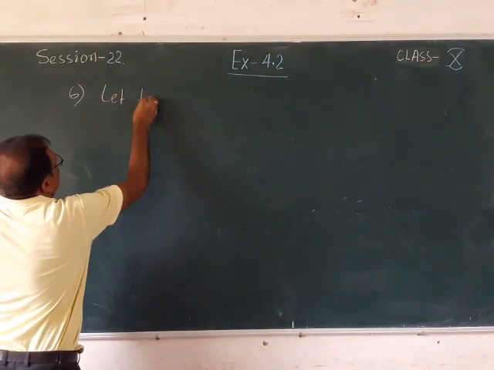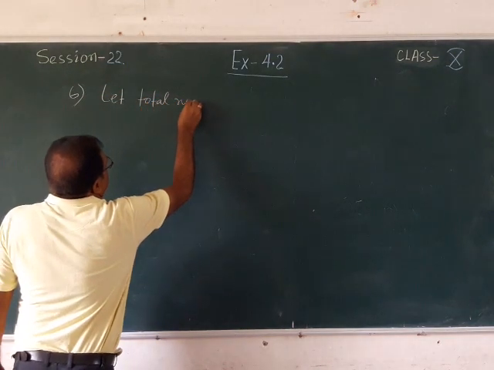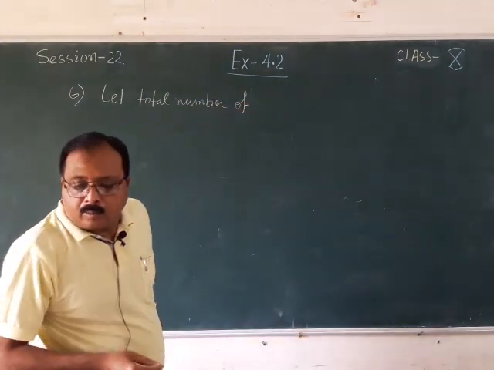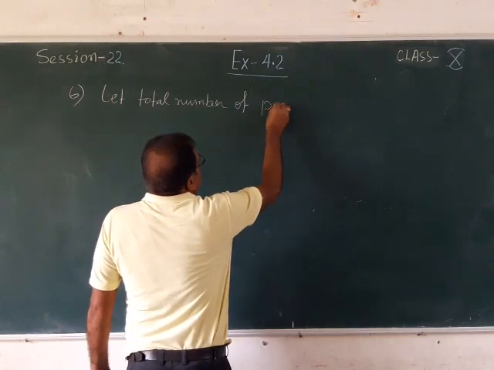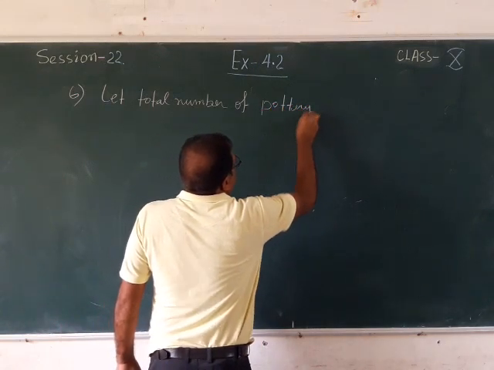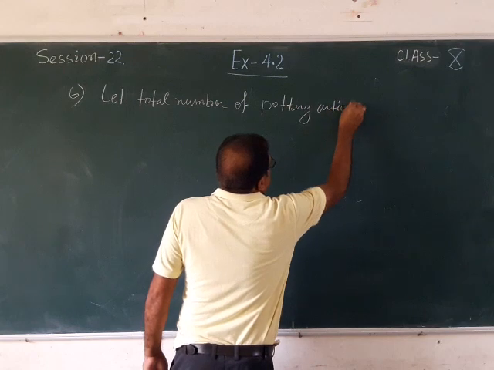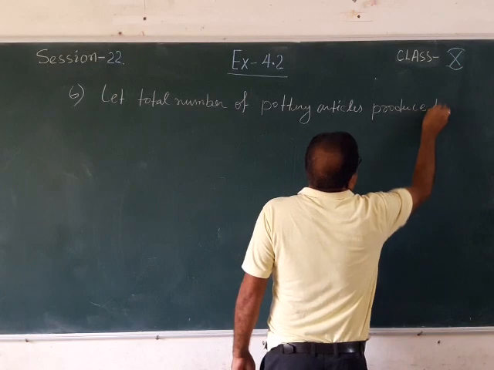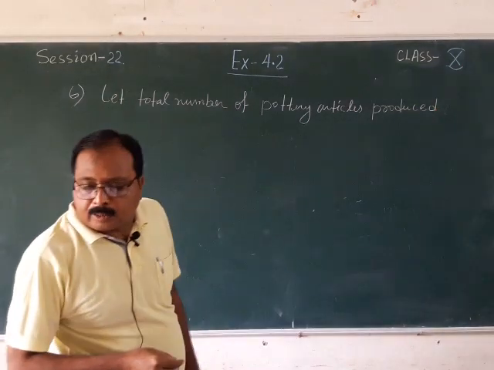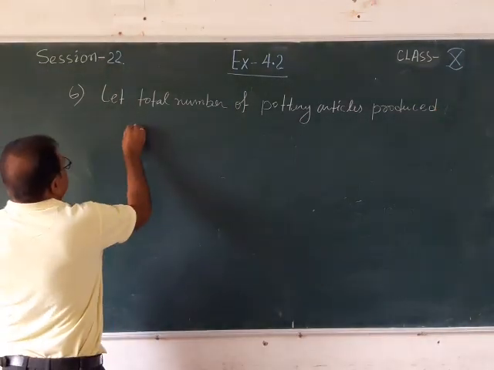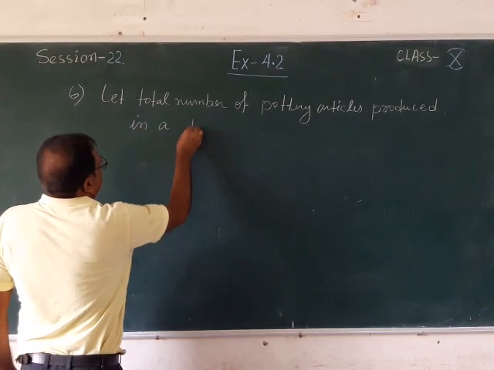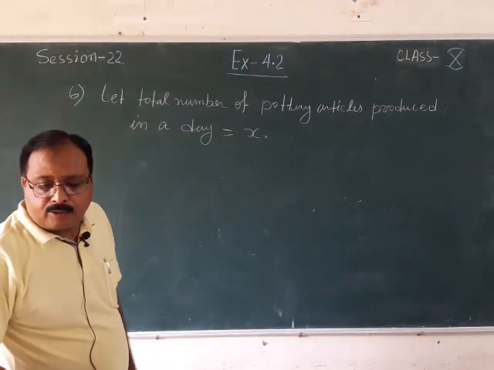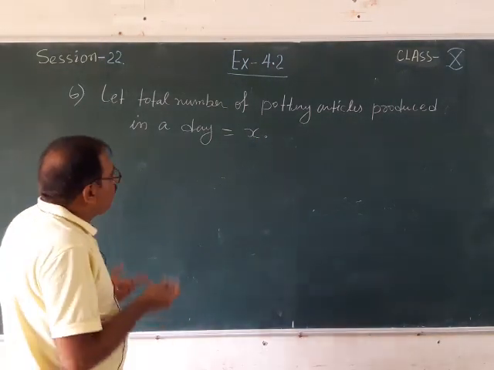Let the total number of pottery articles produced in a day be x, and you have seen that the total cost of production is given as 90.